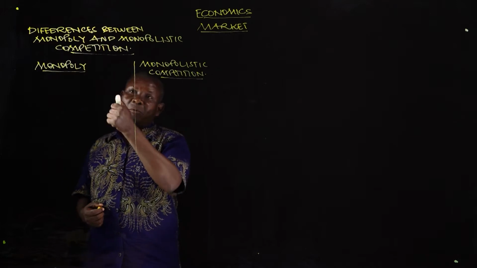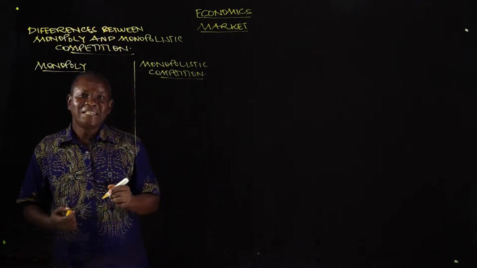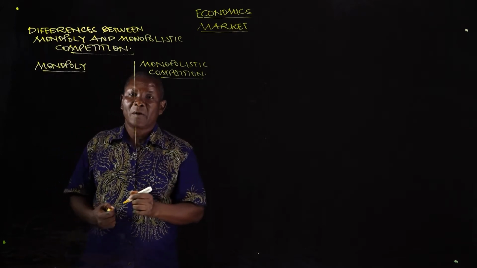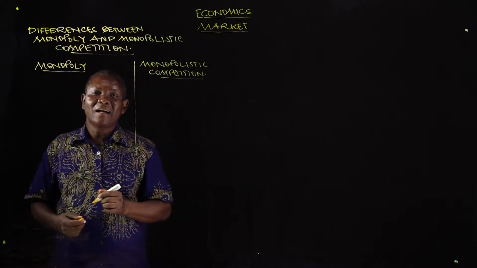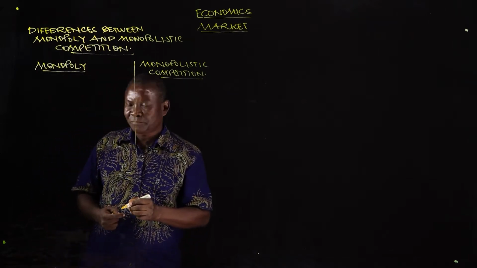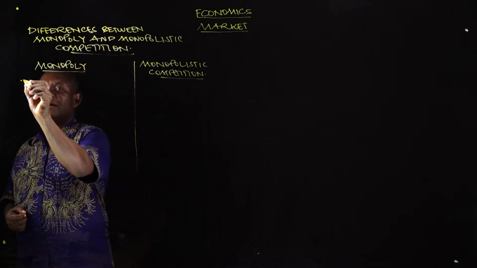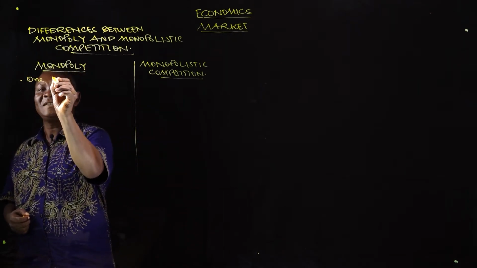Having seen what is monopoly and what is monopolistic competition, we can easily go through and know what the differences are. My dear students, we say in monopoly there is one seller.